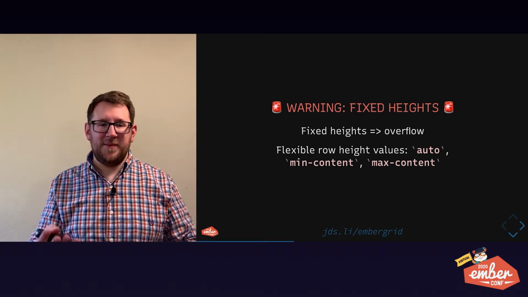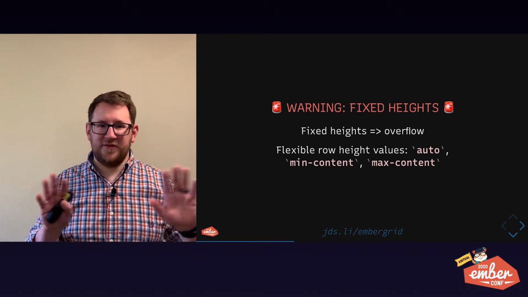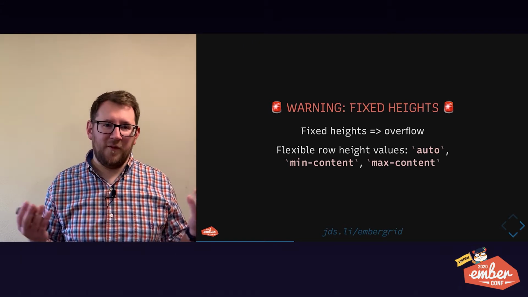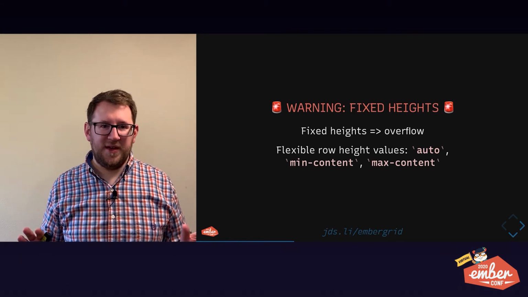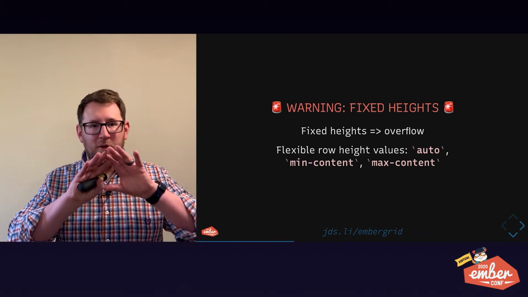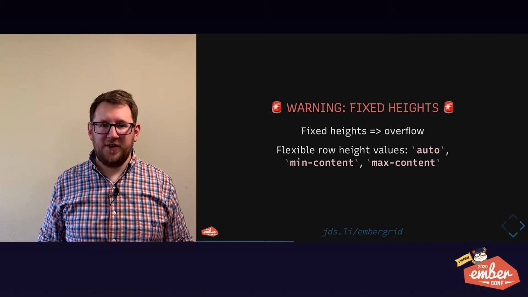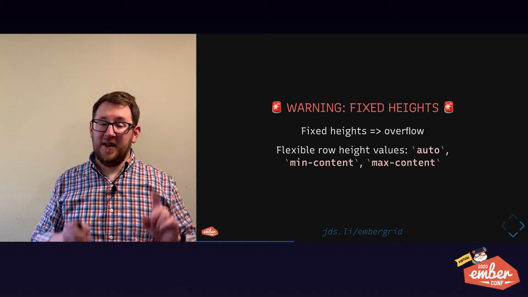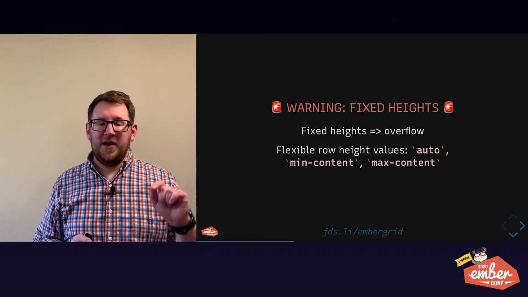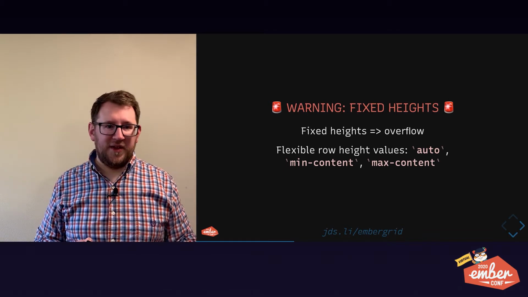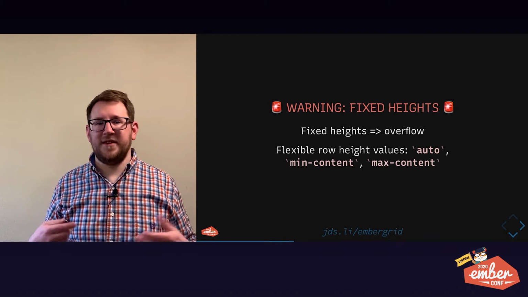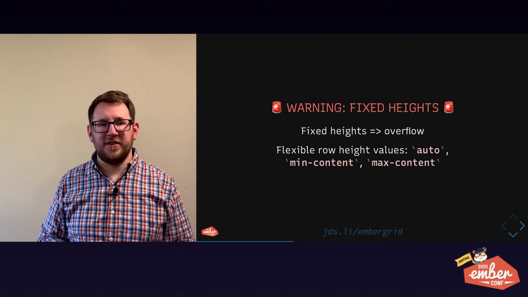So accessibility is for everyone, not an us versus them, kindness of our heart, aren't we special, give ourselves a star proposition. It's just building the web for people, okay? Grid is going to automatically protect your content unless you put a fixed height on. That's an awesome part of the web. So use flexible values for your row heights like auto and min-content and max-content. Fractional units are pretty decent too.